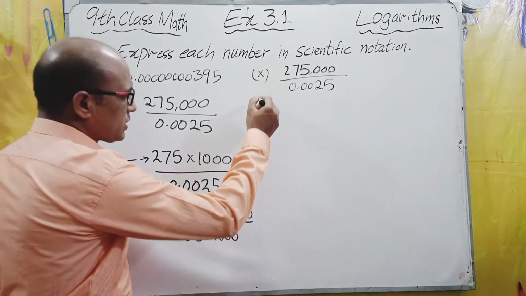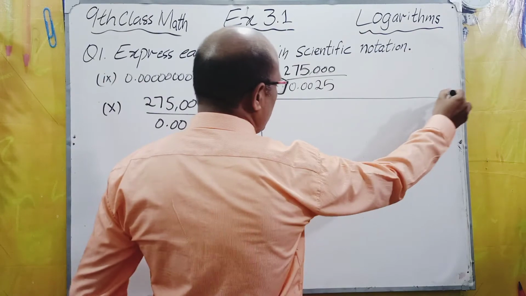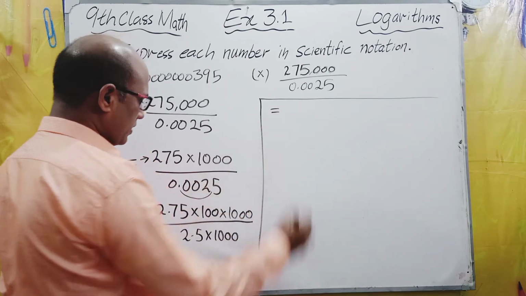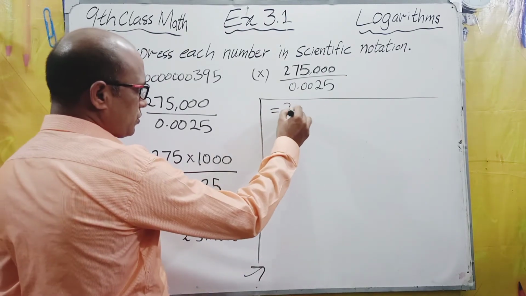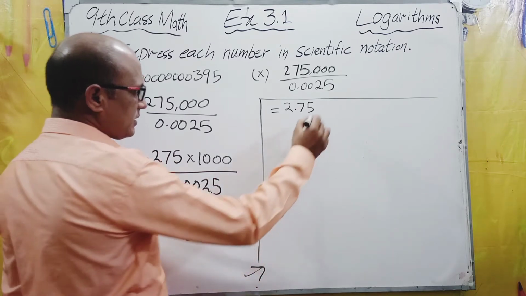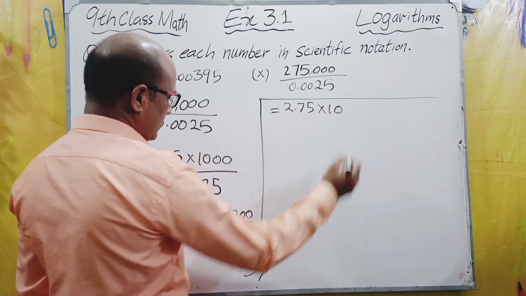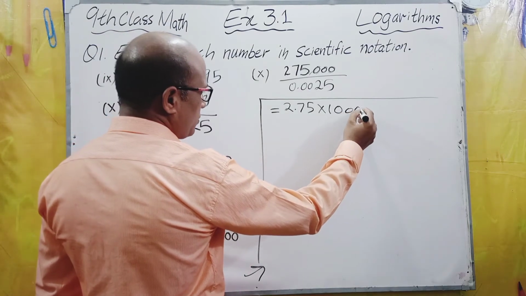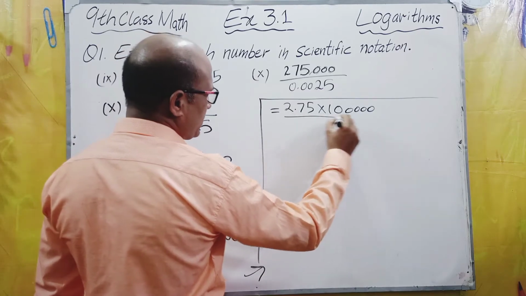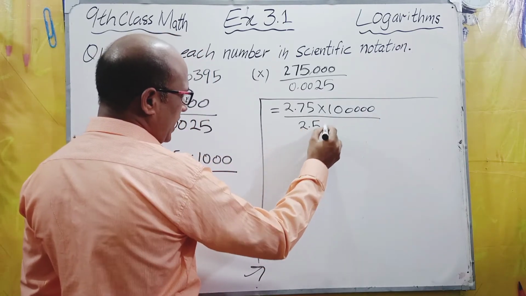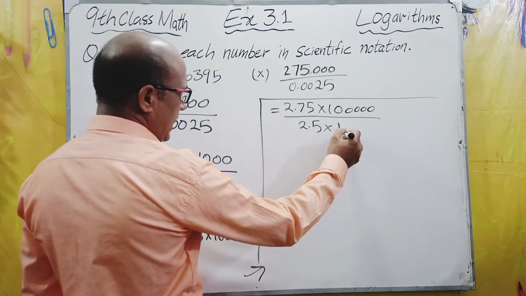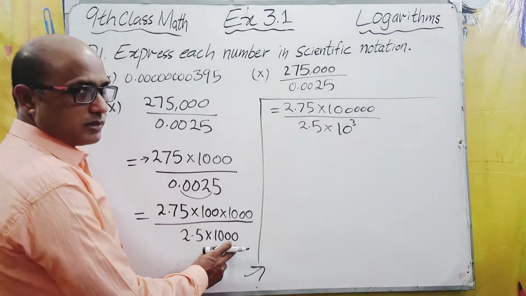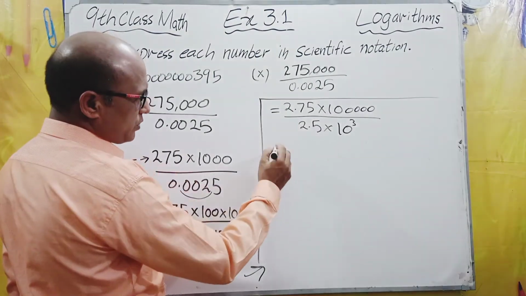Next we'll find how to solve it further. 2.75 as it is, multiplied by 100 and 1000, which gives 5 zeros, so 10 raised to the power 5. And the denominator is 2.5 multiplied by 10 raised to the power 3, because 1000 is 10 raised to the power 3.